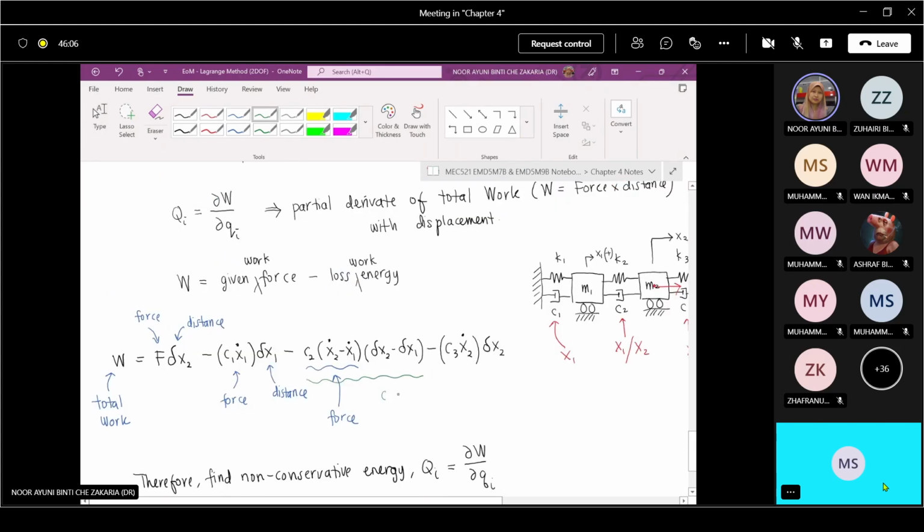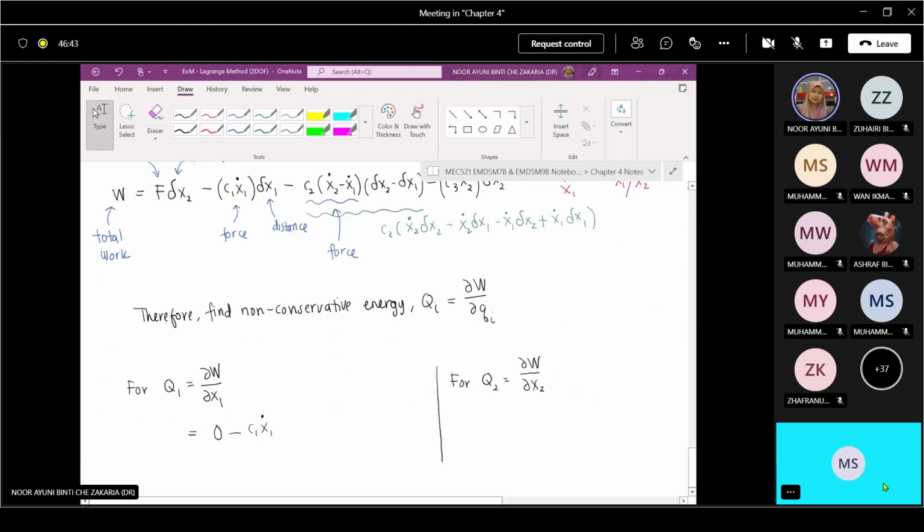So we have C2 x2 dot delta x2, minus x2 dot delta x1, minus x1 dot delta x2, positive plus x1 dot delta x1. Okay, so differentiate over x1.